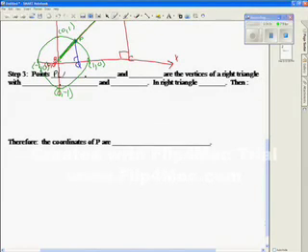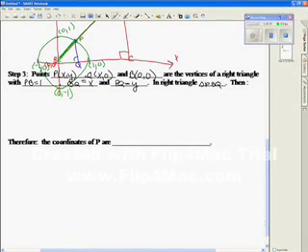Points P of x, y and Q of x, 0 and B of 0, 0 are the vertices of the right triangle with BP equal to 1, BQ equal to x, and PQ equal to y in the right triangle PBQ.